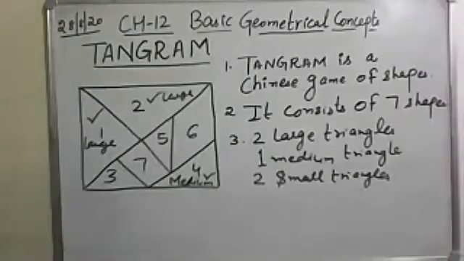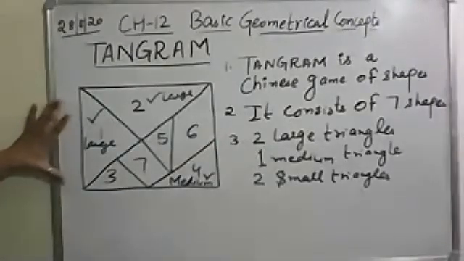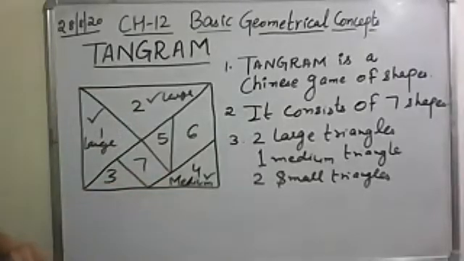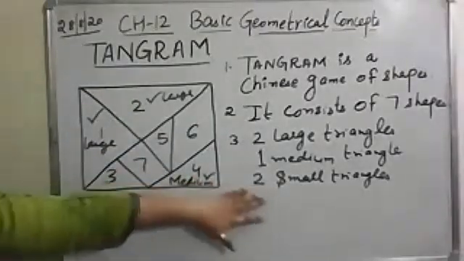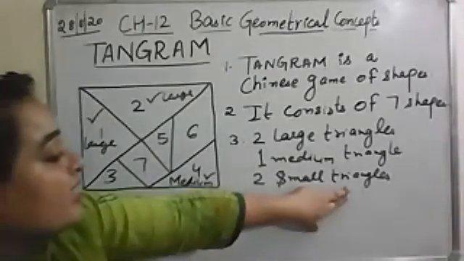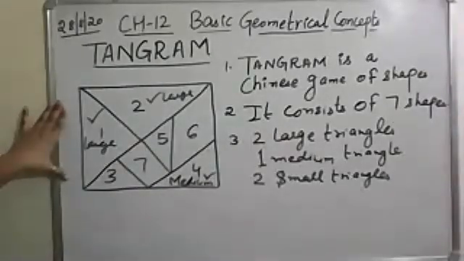Now tell me, according to you, which 2 triangles are small triangles here? From the diagram of tangram, check the figure. 1 and 2 are large triangles, 4 is the medium triangle. Now, which 2 triangles are small triangles? Which 2 triangles are small in size? Tell me from the diagram.